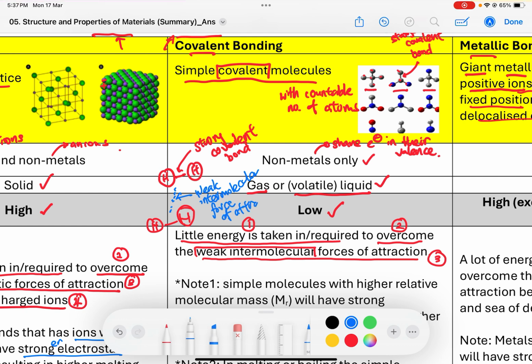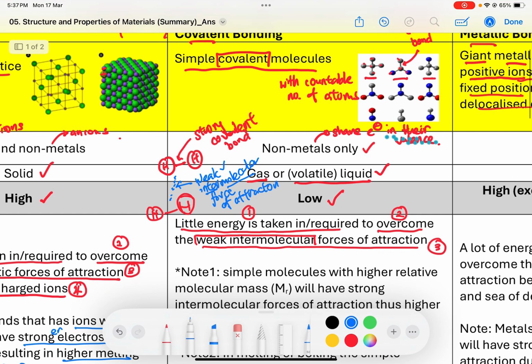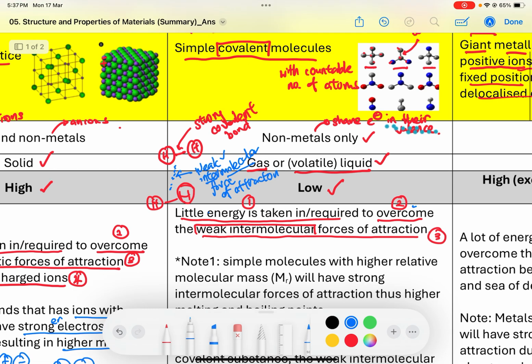The word intermolecular tells you that it's between molecules, and it is actually a very weak force of attraction. That's why simple covalent molecules have low melting and boiling point, because you're not breaking the strong covalent bond. Actually, you're breaking the weak intermolecular force of attraction. That's why little energy is required to overcome the weak intermolecular force of attraction.